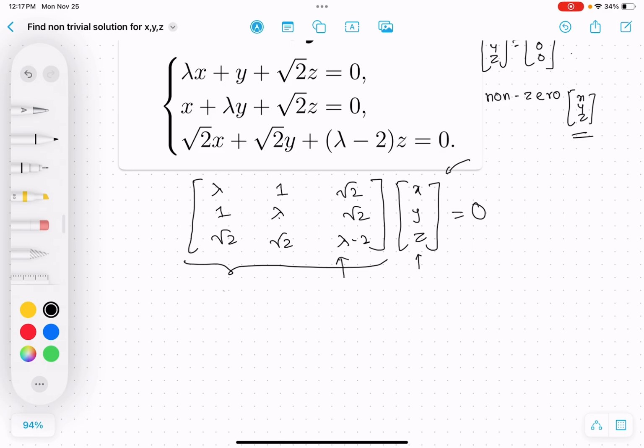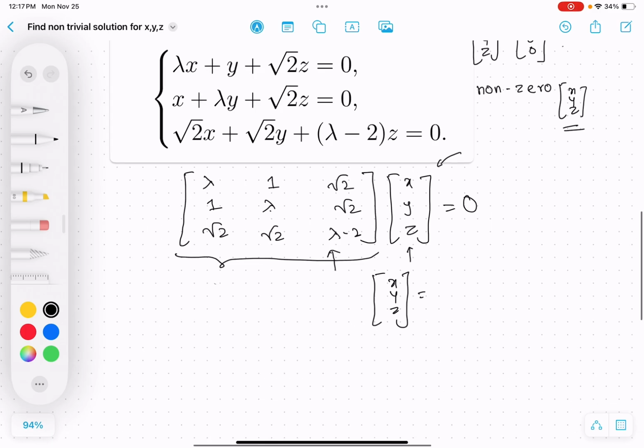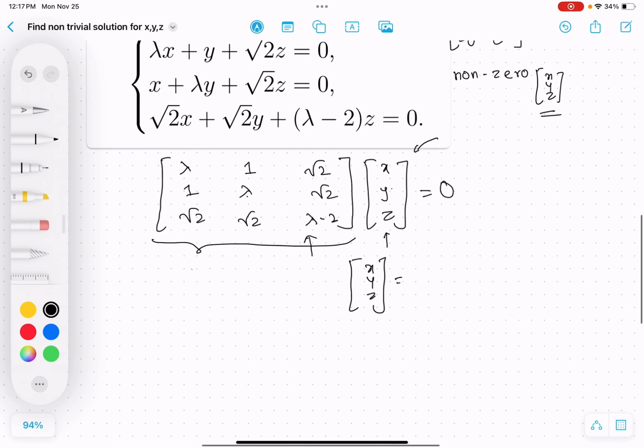If we assume that, this non-zero x, y, z can now be written as the matrix lambda 1 root 2; 1 lambda root 2; root 2 root 2 lambda minus 2, inverse, times the 0 vector.